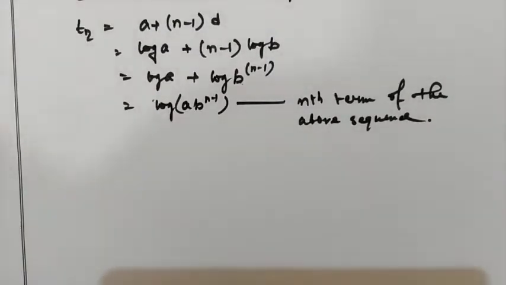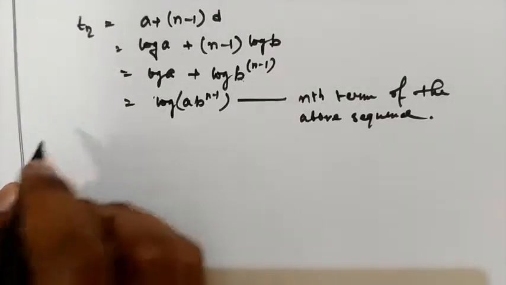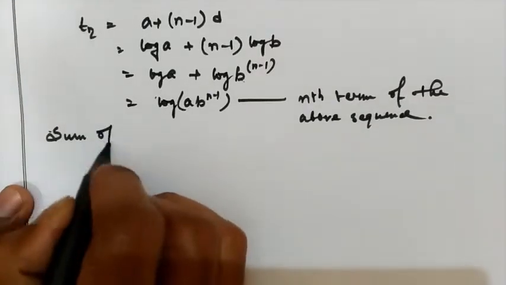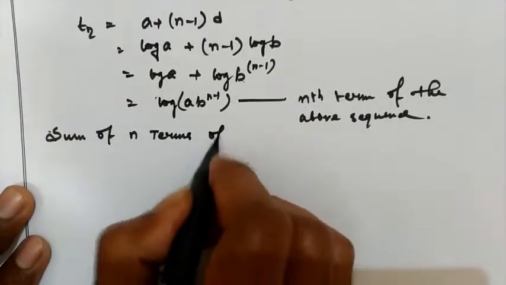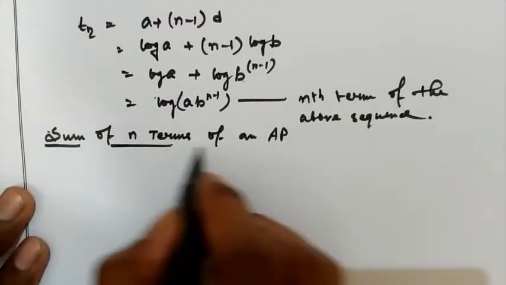Now we'll see the sum of n terms. If n terms are given, then what will be the summation of the n terms of an AP? Sum of n terms of an AP.